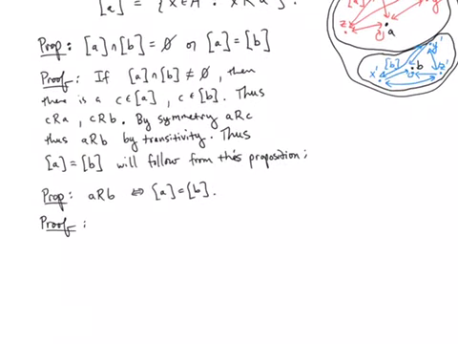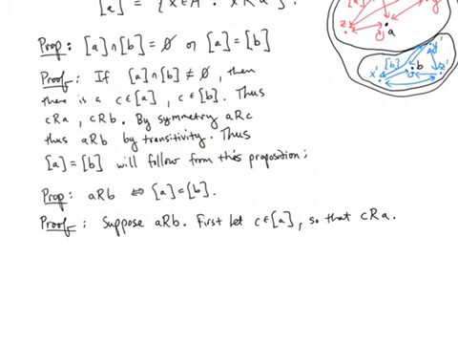And so the proof is, suppose A is related to B. Now first let C be given in the equivalence class of A, so that C is related to A. Well, what we want to say is that C is related to B, but we can do that by transitivity, right?